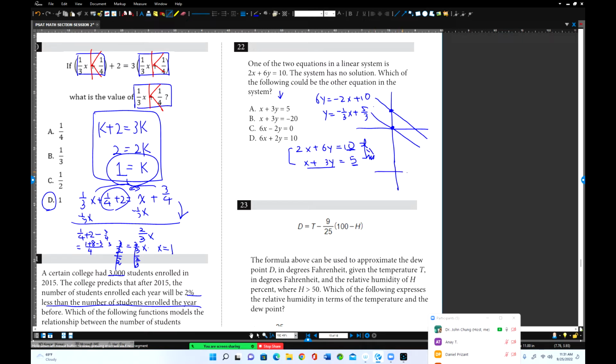In this case, they have what? Infinitely many solutions. But if we change this form, not divided by 2, something else, different numbers from 5, maybe 6 or any numbers, 10 or 20 or negative 20, doesn't matter. That means what? Different y-intercept. Same slope, but this one is coincident. All right, they overlap, infinitely many solutions.